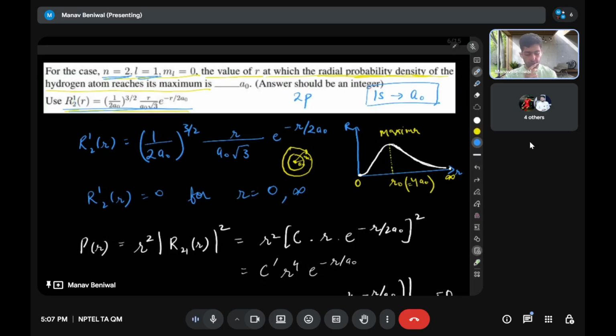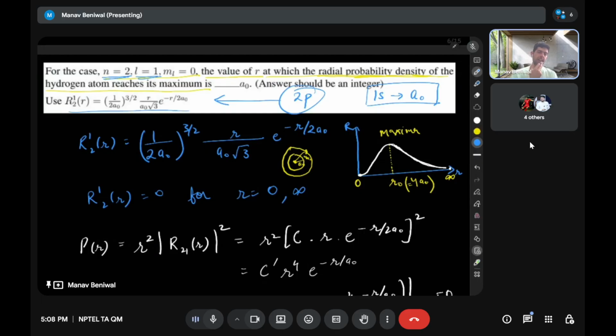The only use for this n and l is to determine what your wave function should be. So if your electron is in a 2p orbital, its wave function is of this form, the radial part of the wave function. Suppose this was not given in the problem, we could have looked up what the wave function looks like for a 2p orbital, which is exactly this, and then we could have solved the problem further.